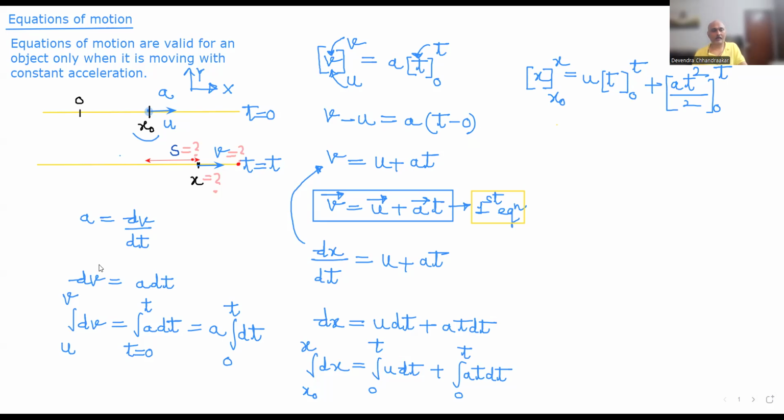Now you substitute the values here. So this is x minus x naught is equal to u, you substitute the upper limit t minus 0 plus half a t square.